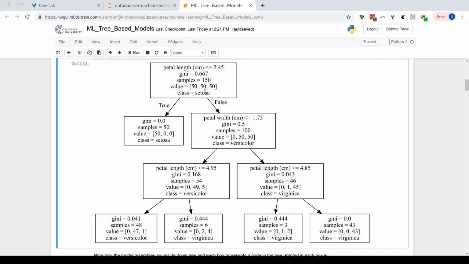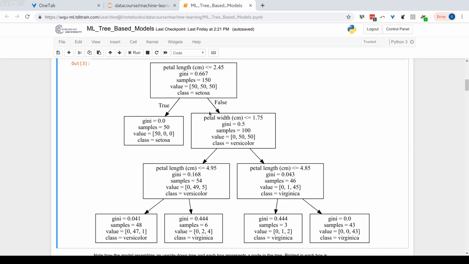Since we started with all the points here, the values field is just 50, 50, 50. The last field, where it says Setosa, refers to the most common class. We have the Setosa species, Versicolor, and Virginica. Notice it's a three-way tie, so I think the model just reported the first one.